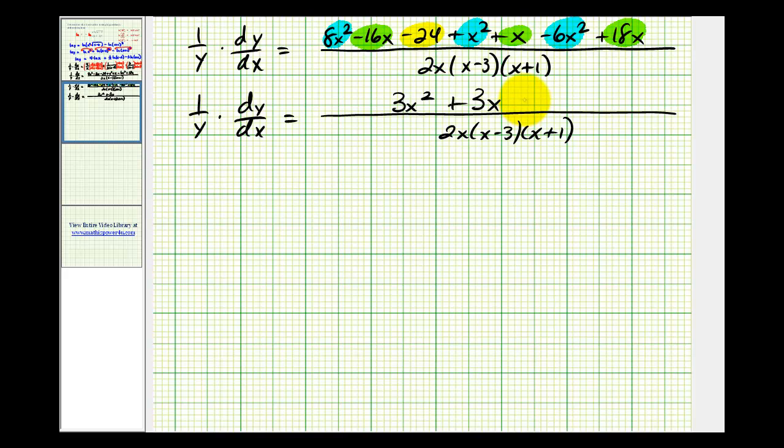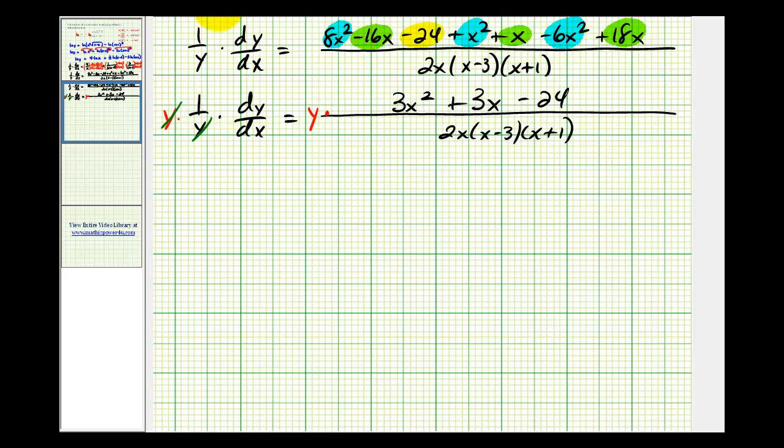And then we have minus 24. Notice how there is a common factor of 3 here, so we're going to factor this 3 out, but we also have to solve this equation for dy/dx. We'll do that by multiplying both sides of the equation by y. If we multiply this equation by y, the y's will simplify out, so now multiply the right side by y.